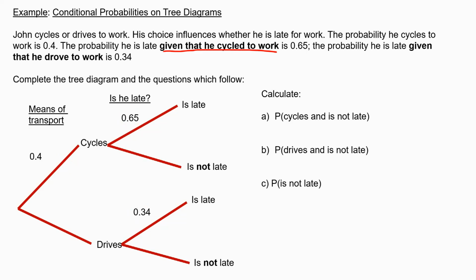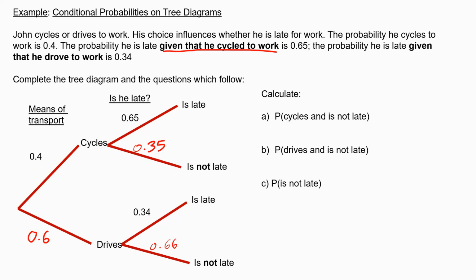To work out the missing branches, I just need to remember that the probabilities at each pair of branches still add up to 1. 0.4 plus 0.6 is 1. 0.65 plus 0.35 is 1. 0.34 plus 0.66 is 1. So those are the missing probabilities.